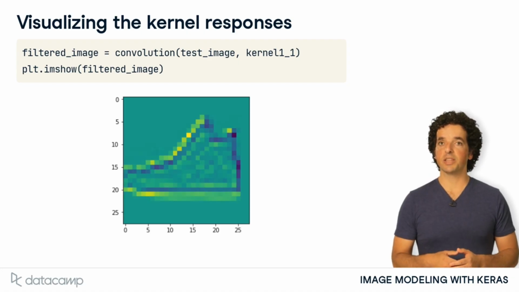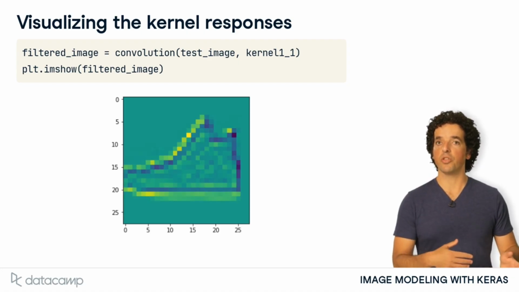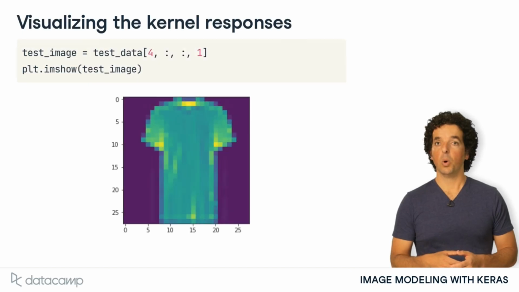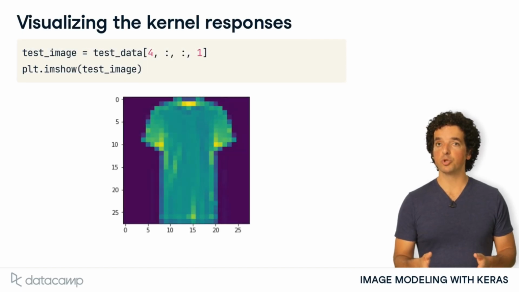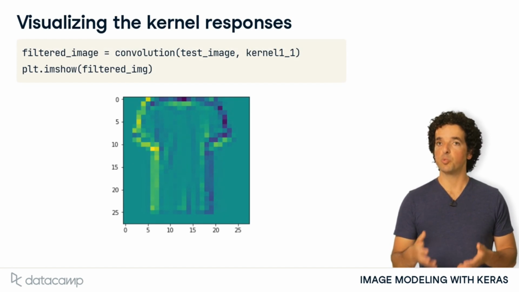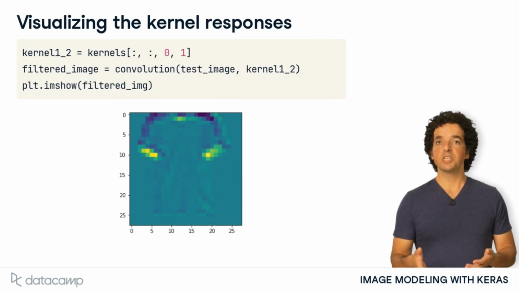This filter seems to like the external edges of this image on the left. We can confirm this by running the convolution over another image. Here we've picked the 5th image from the set, an image of a t-shirt. We see that here as well, vertical edges on the left side of the object are emphasized, and on the right side are de-emphasized.